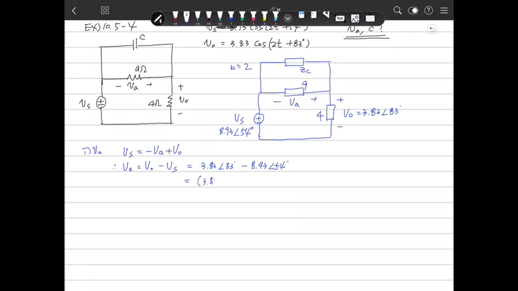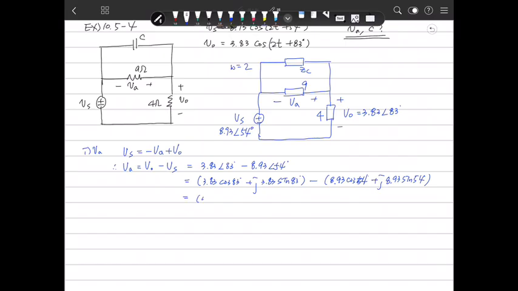This is 3.83 cosine 83 degrees plus j 3.83 sine 83 degrees, minus 8.93 cosine 54 degrees plus j 8.93 sine 54 degrees.